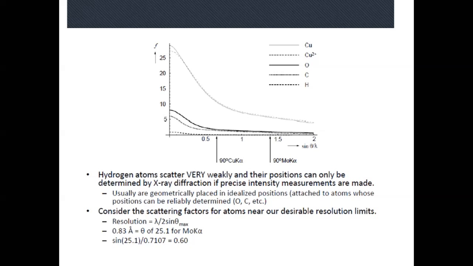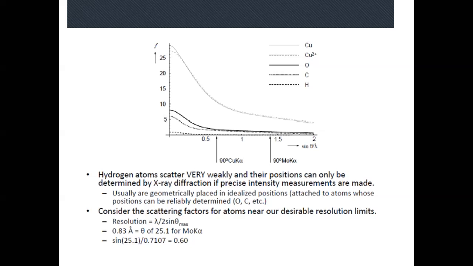So just to summarize, electrons affect the scattering ability of elements. And so the scattering factor is related to the atomic number. The higher the atomic number, the higher the scattering ability. At 2 theta equals 0, the scattering factor equals the atomic number, and it decreases from there.